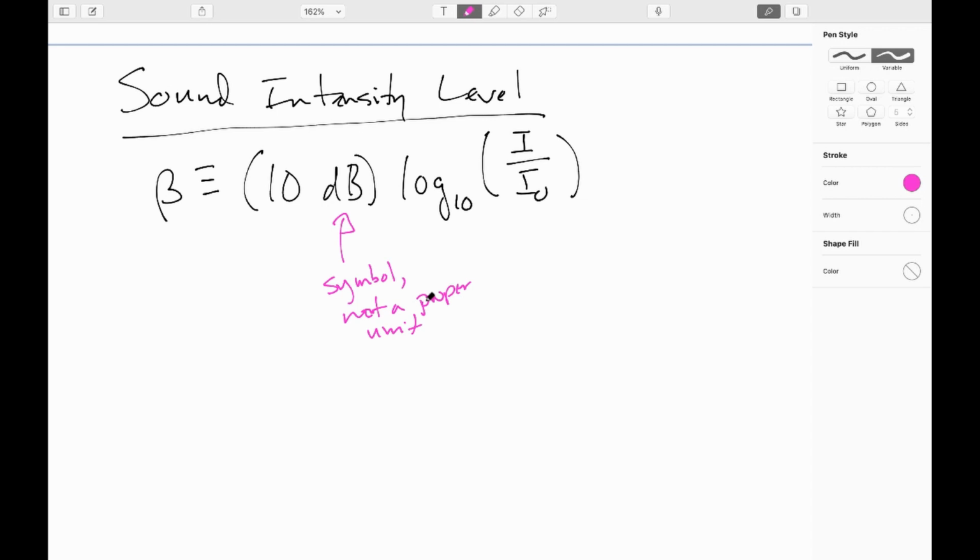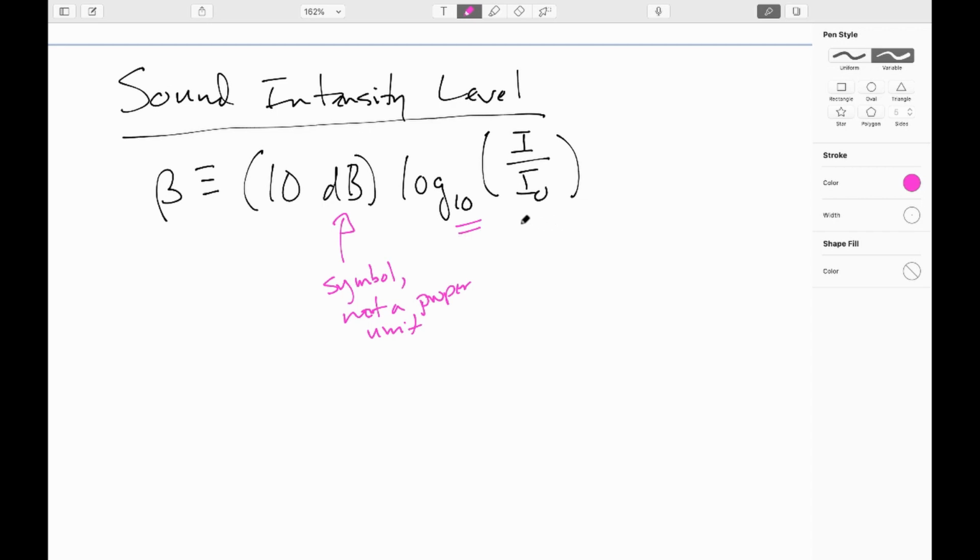And also something to super duper watch out for is that it's a base 10 log, not a base e log. Almost every logarithm in physics, except for this one and one related to stellar magnitudes, is base e. This one's base 10, so be super duper careful that you're punching the LOG key on your calculator if you need it, not the LN key.